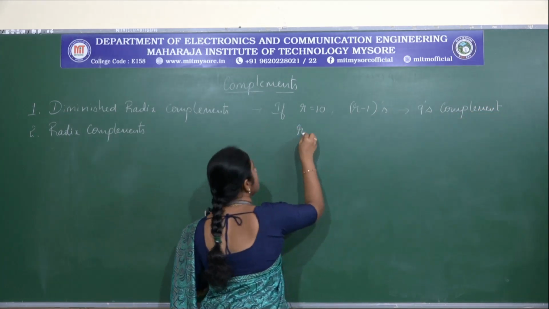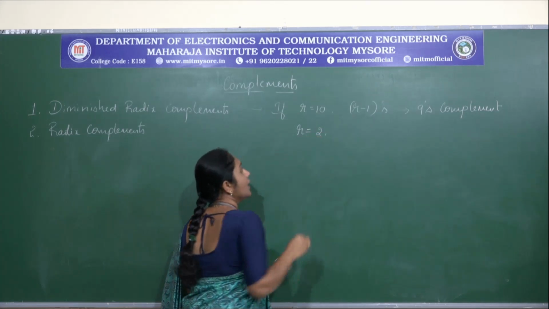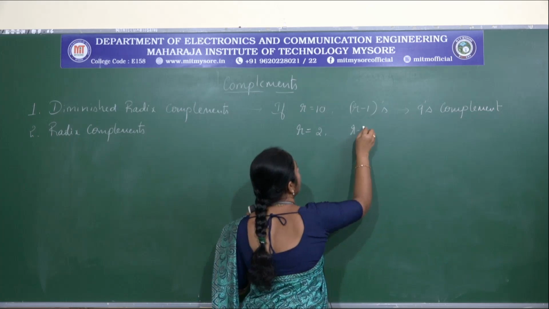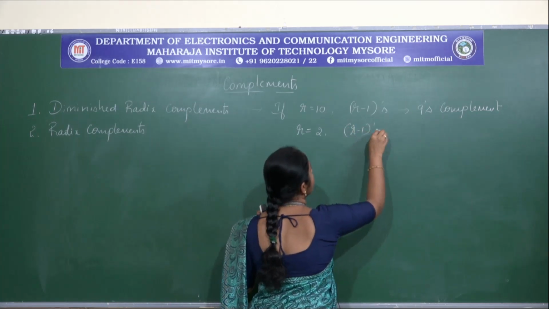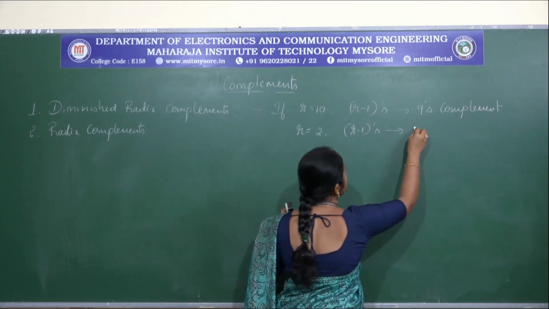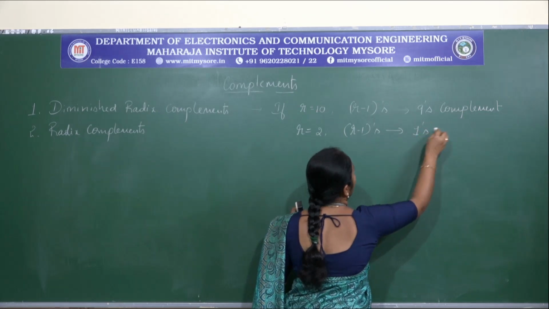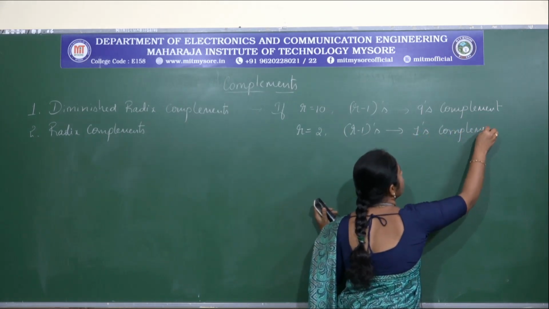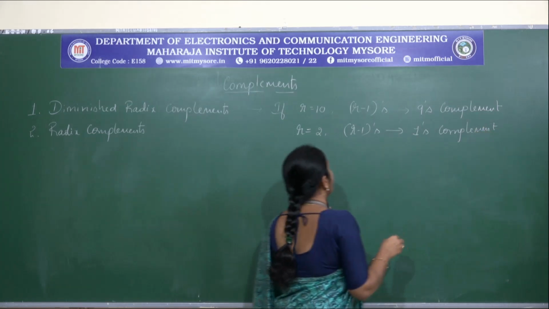Next, if the base r is 2, then r minus 1 is 2 minus 1, which is 1. So the diminished complement in binary is called 1's complement.